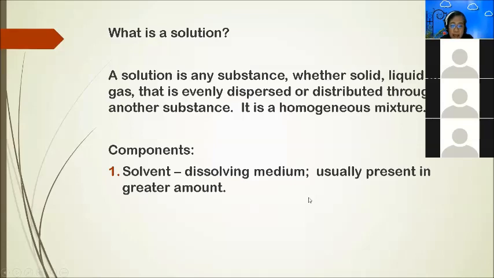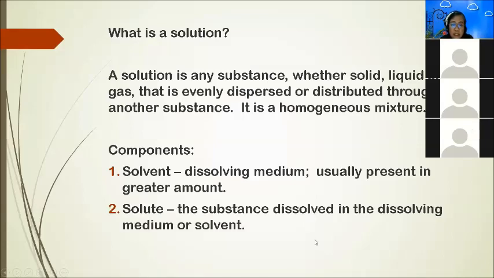And then, the solute is the substance dissolved in the dissolving medium. For example, you have salt and water. If you have a glass of water and you just add a pinch of salt, salt here is the solute, and water is the solvent.